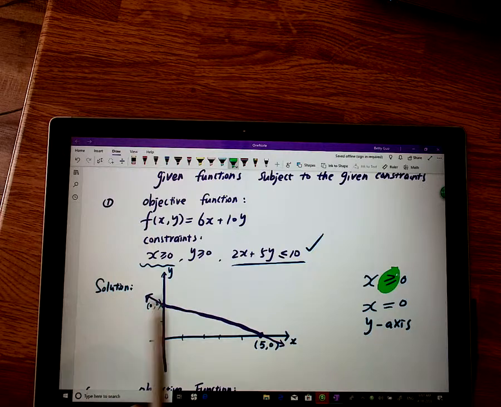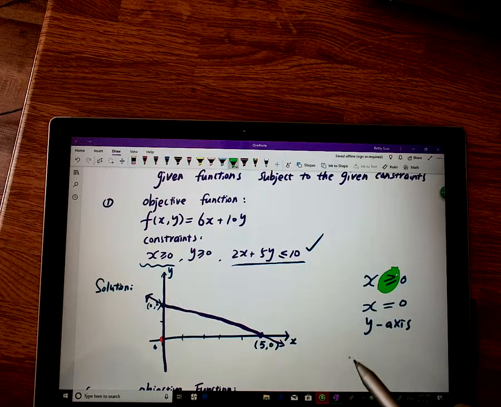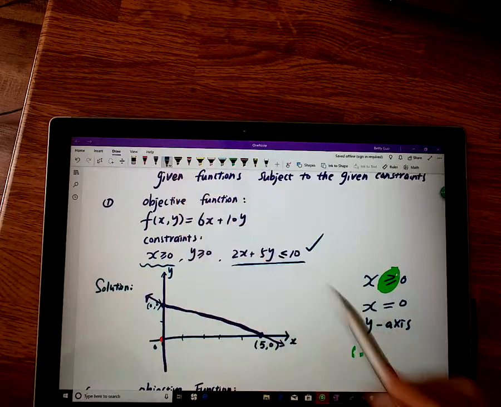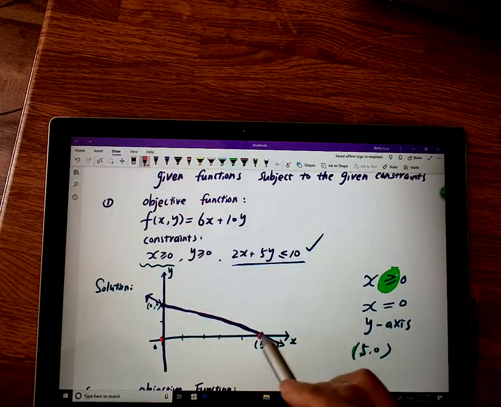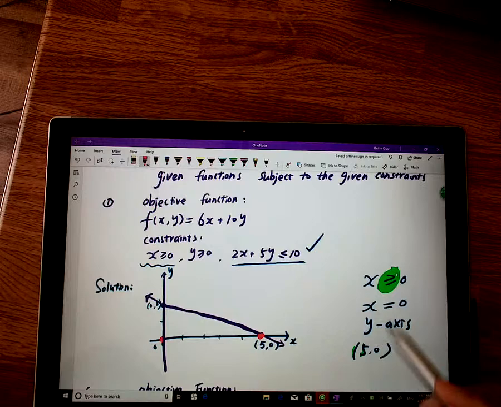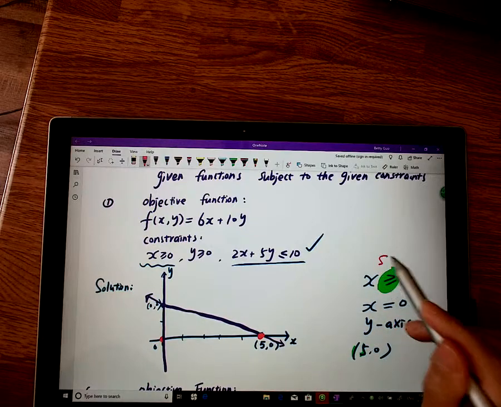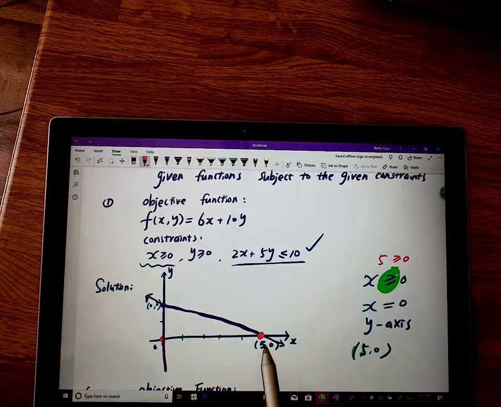This straight line divides the whole plane into half: a half plane to the left, and a half plane to the right. On which part? We can try (5, 0) here. Because this point is so convenient, it's already there, and it's not on the boundary. If we plug in x equals 5, 5 bigger than or equal to 0 is a true statement, right? So that means (5, 0), this testing point, is a solution.